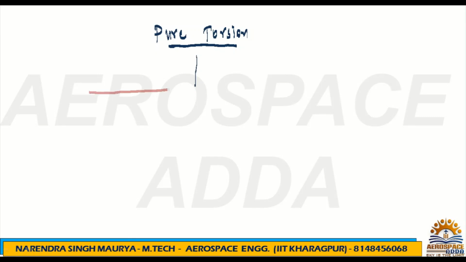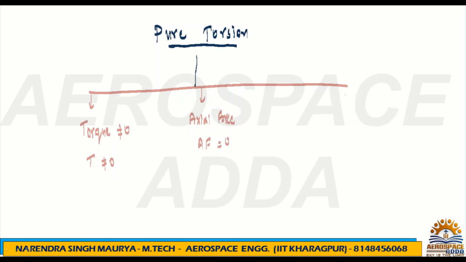The torque will not be zero, axial force (AF) should be zero, and obviously bending moment (BM) must be zero. This is the condition for pure torsion.